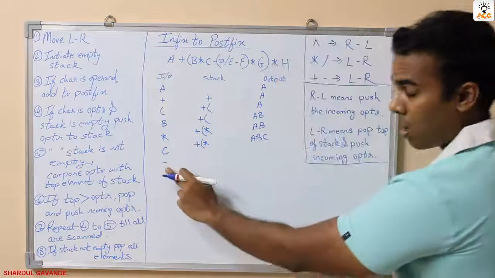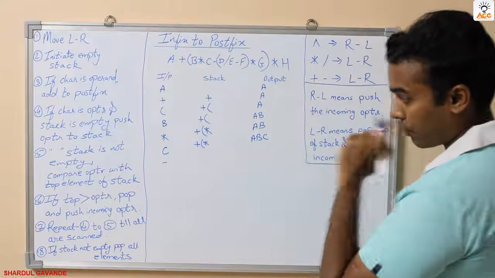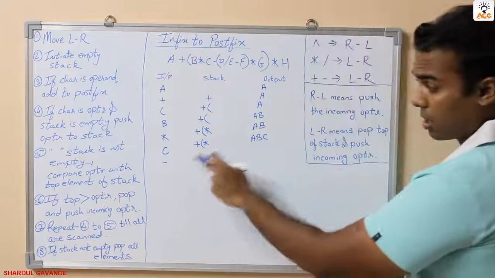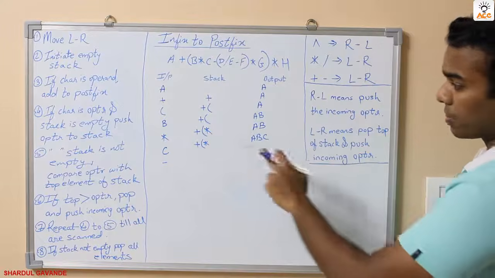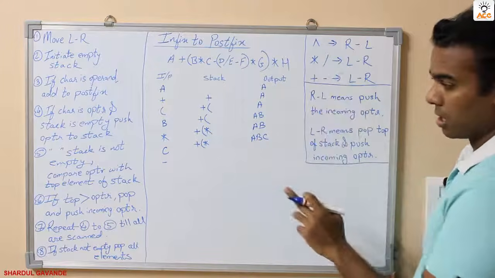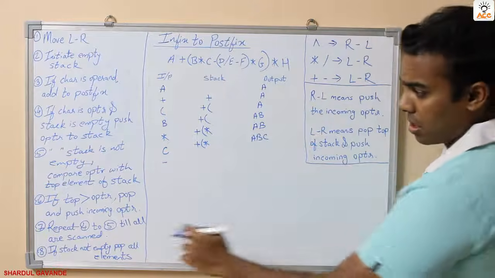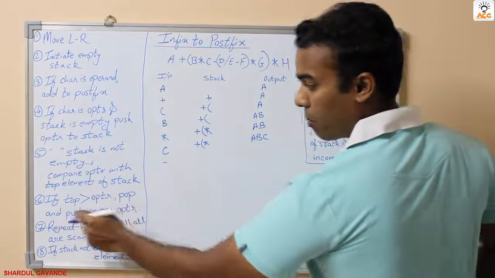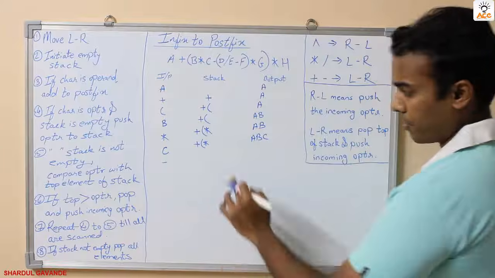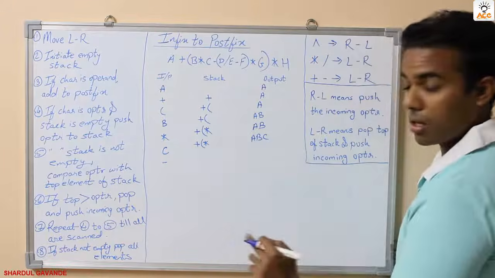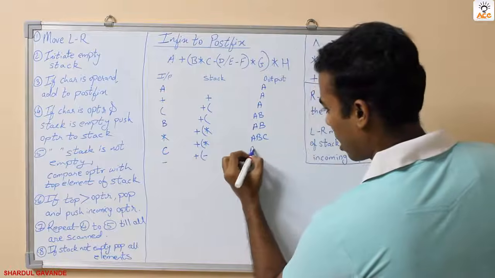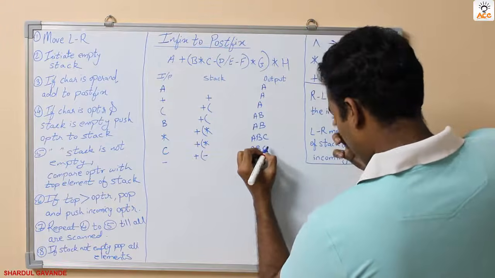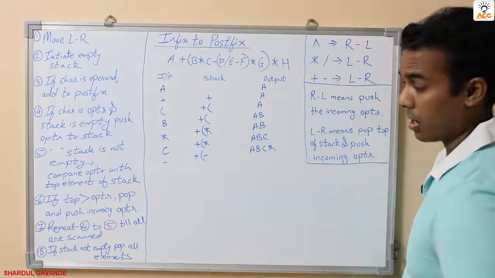So it is an operator. Now check. Top element is star and incoming operator is minus. So check the precedence. Star is greater and minus is less. So if top is greater than operator, pop and push incoming operator. Pop this, push incoming operator. So plus, minus, here I will have A, B, C and star.